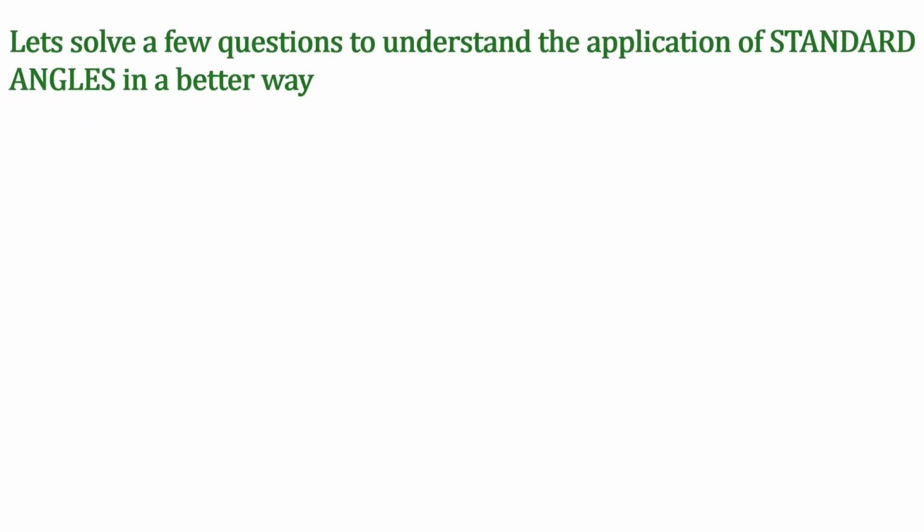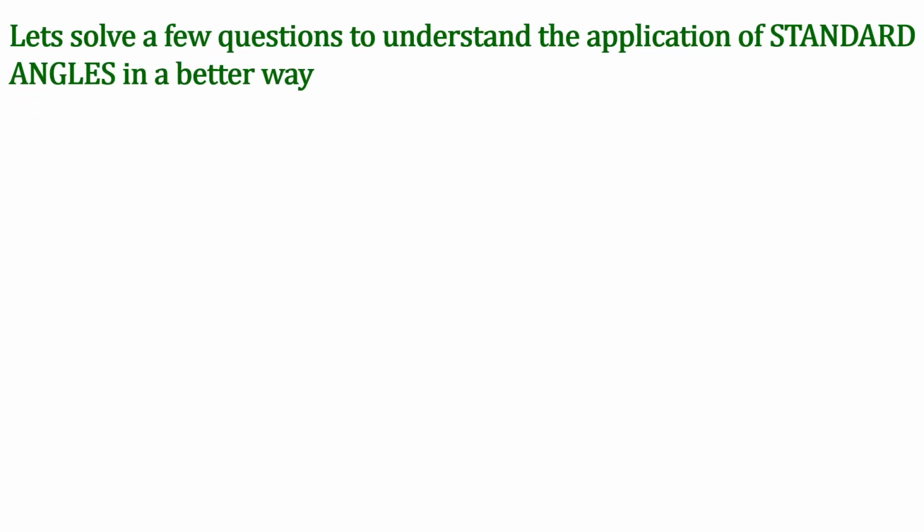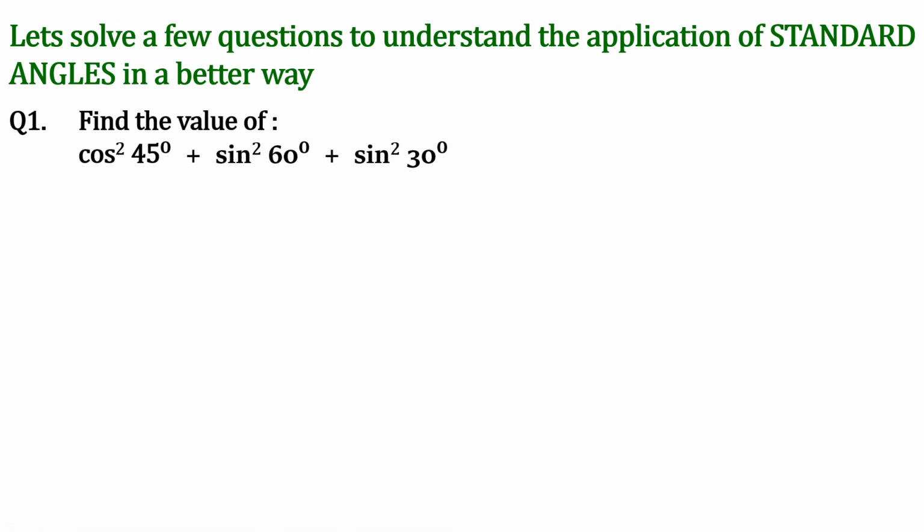Now let's solve one or two questions to understand the application of standard angles. We have learned that whenever we come across standard angles, we have to replace them with the values we have learned just now. So here we have the first question: cos square 45 plus sine square 60 plus sine square 30.